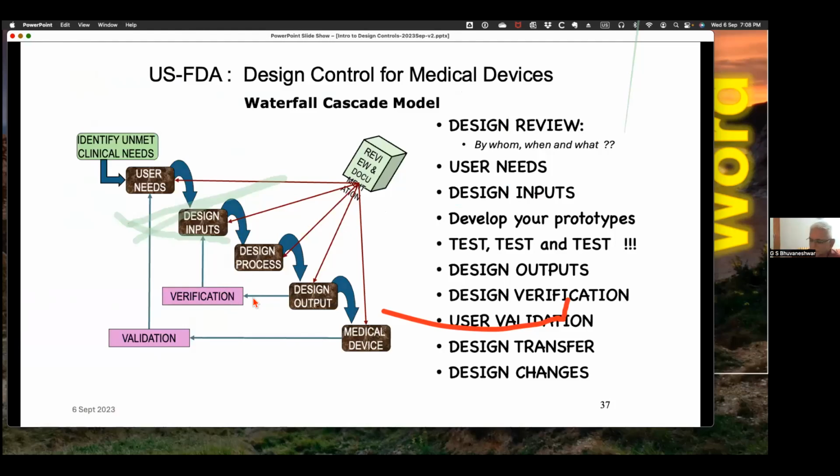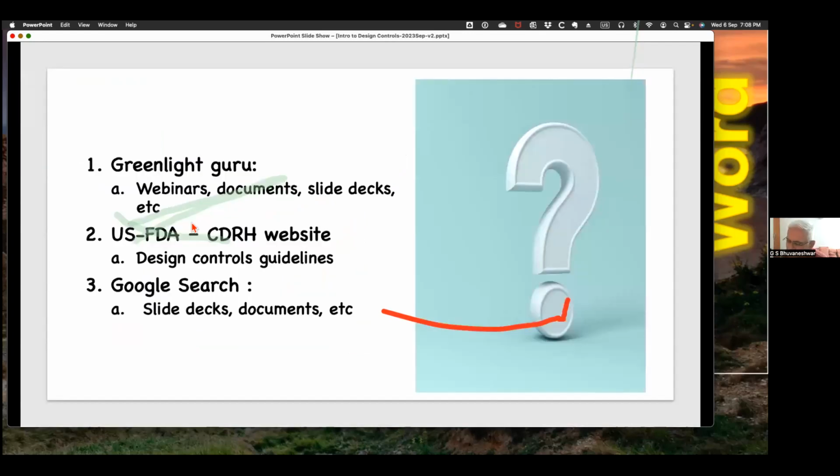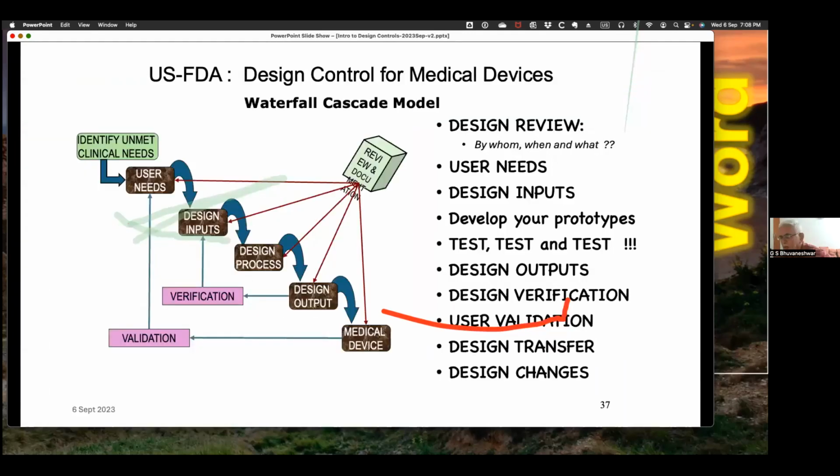I think the design controls, as I said, start after your proof of concept is ready. When you move into your development phase, you need to look at all the elements, particularly define your user. From the user need, derive your design inputs or your design requirements, and then go through the design process of making prototypes and testing.